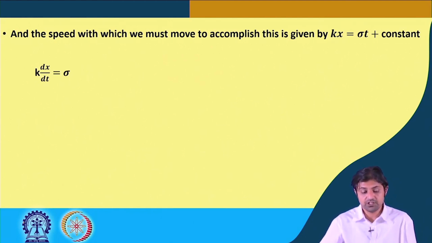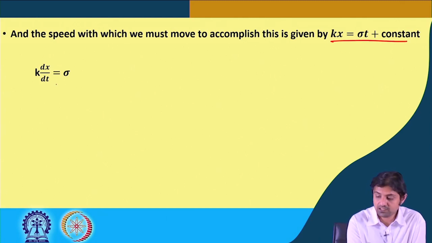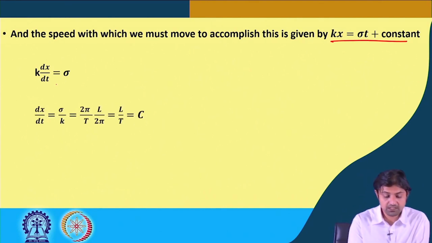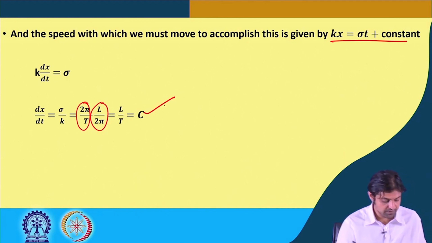On differentiating with respect to time, we get k dx/dt is equal to sigma, or dx/dt can be written as sigma by k. Sigma was nothing but 2 pi by T and k was nothing but 2 pi by L. So, it becomes L by T, and that is c, the wave celerity.